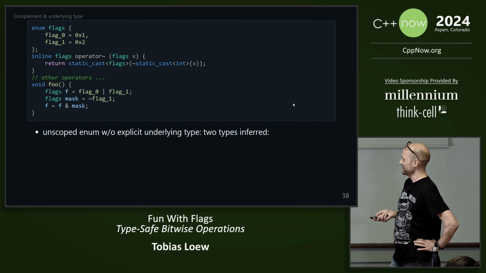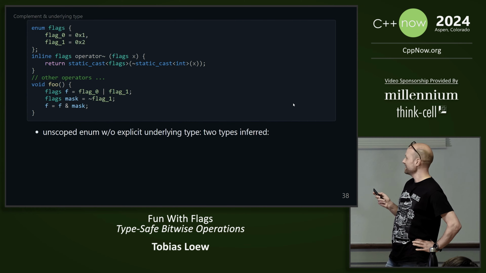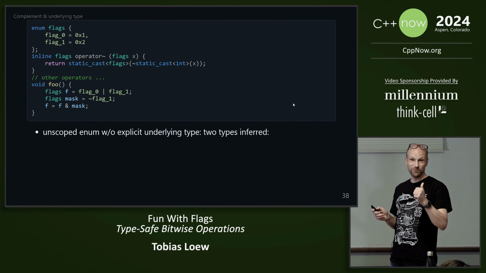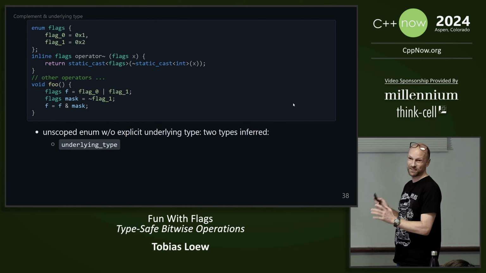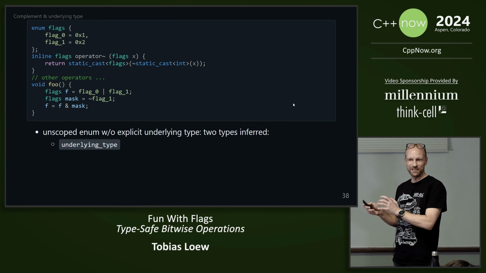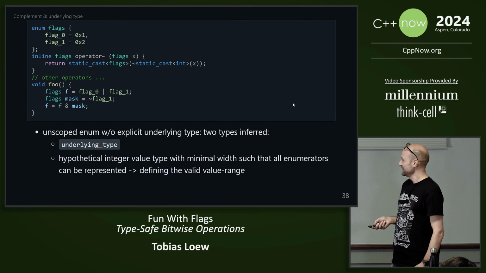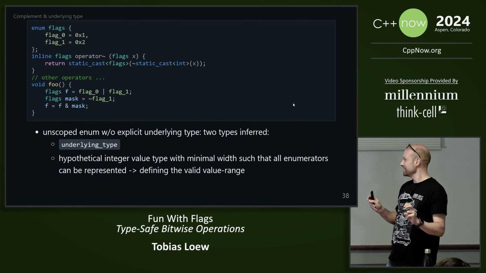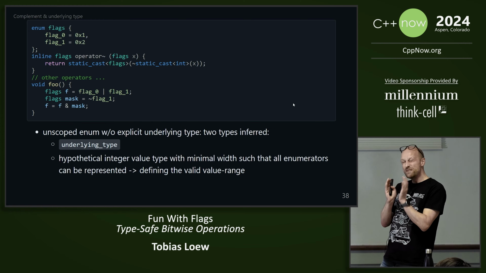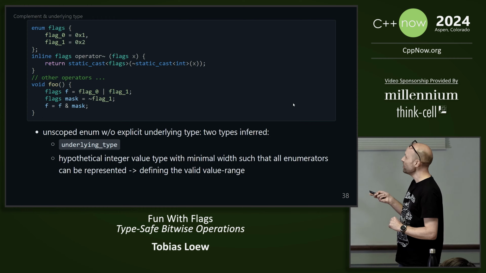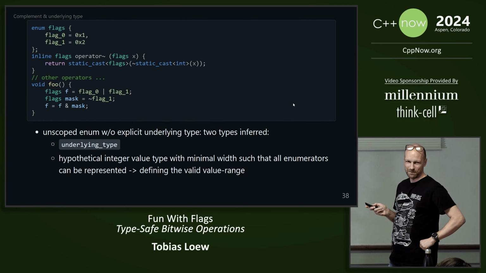So what's happening? An unscoped enum without an explicit underlying type infers 2 types. The one everybody knows, that's the underlying type, which is usually an int. But if you read the standard, there's another type that's inferred, and that's a hypothetical integer value type with minimal width, with a minimal amount of bits that can hold all the enumerators which are explicitly in your enum.